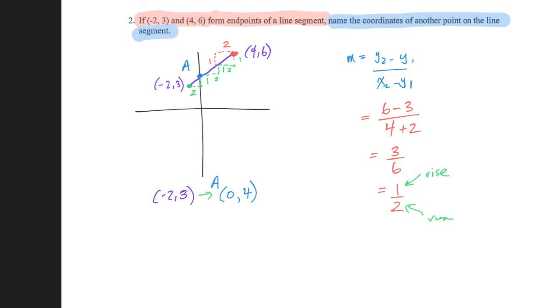Well, if I went from 4, 6, and I went backwards, then that's going to maybe get me to this point, which maybe I'll call point B. Well, if I went backwards 2 from 4, that gets me to 2, and if I went down 1 from 6, that gets me to 5. Maybe you gave me the coordinates at point B. I'm going to bet and say that that should have been one of the 2 answers that you potentially gave.